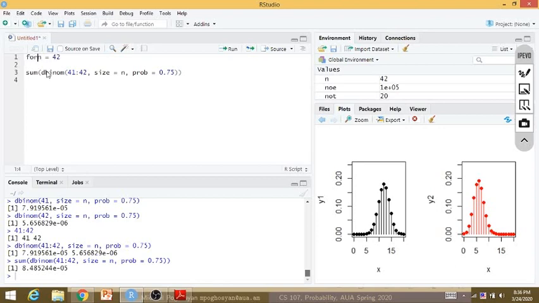So I'm writing a for loop. So a for loop in R is in this form. So for n from 41 to say 60, do the following.